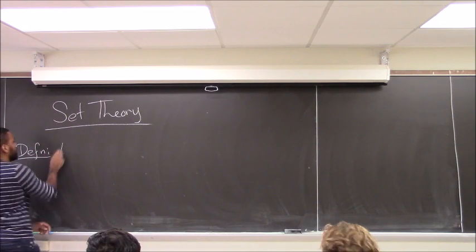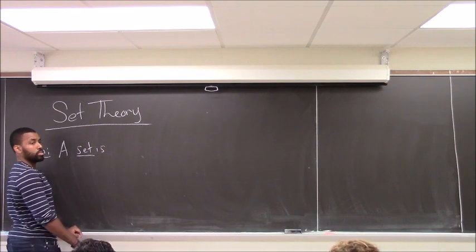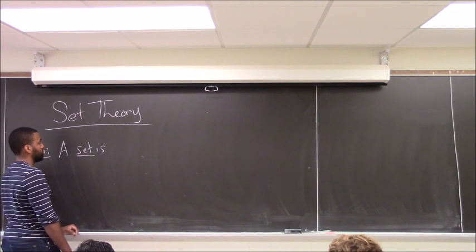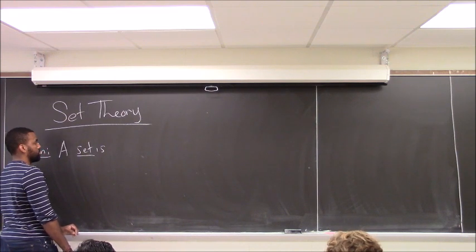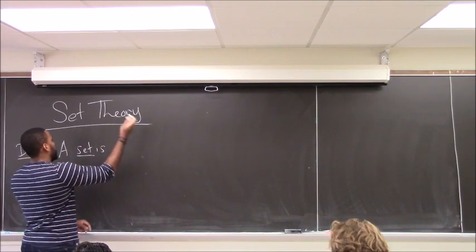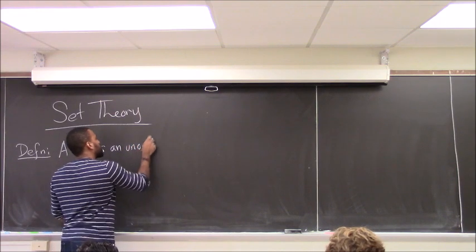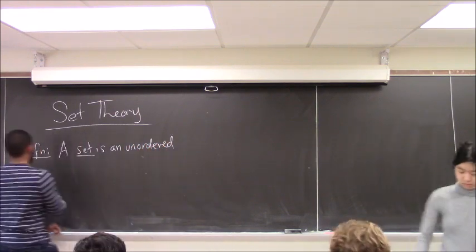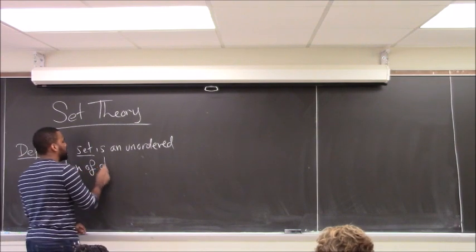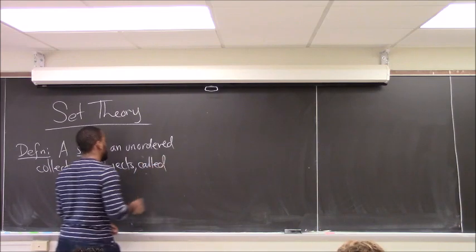What is a set? Simply a collection of objects. We call this a set. It is an unordered collection of objects. The objects are called the members or elements of the set.